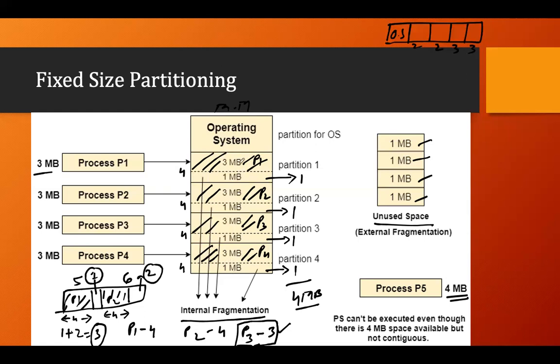Okay, the same is here. So this 3 MB, the rest of the 1 MB, rest of the 1 MB, rest of the 1 MB is called internal fragmentation.